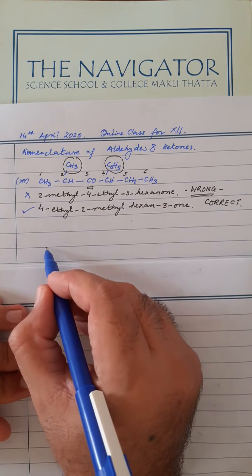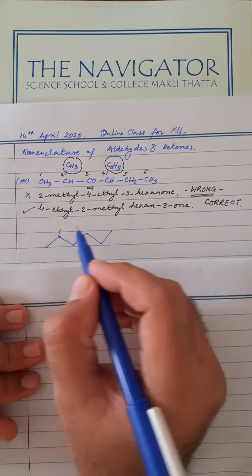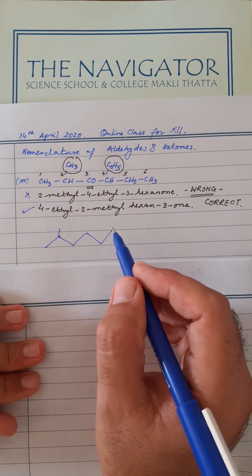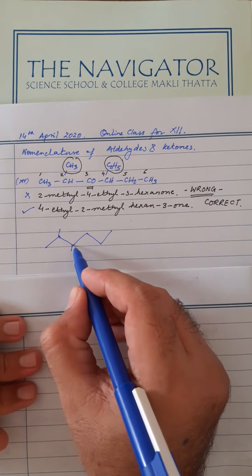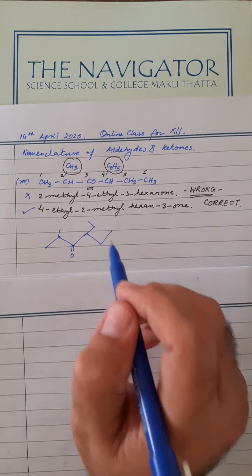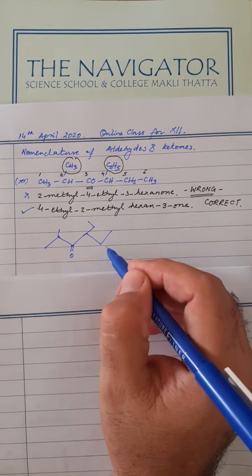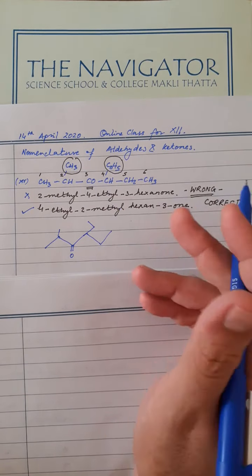There are 6 carbons. On 2, there's a methyl. On 3, there is a carbonyl, right? On 4, there's an ethyl. So ethyl has 2 carbons, so we can make it like this and this. So 1, 2 carbon. This is the structure of the same compound, but in this way.